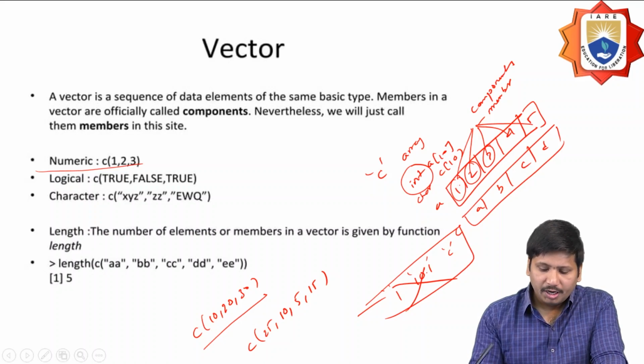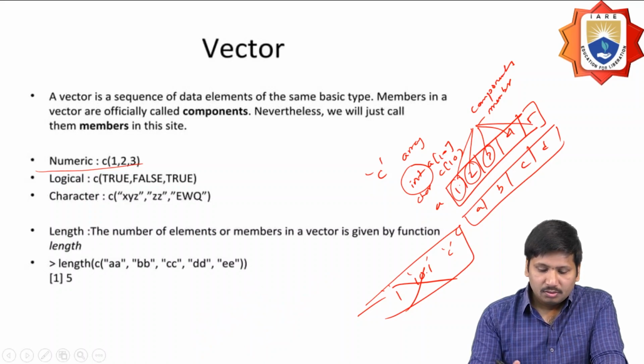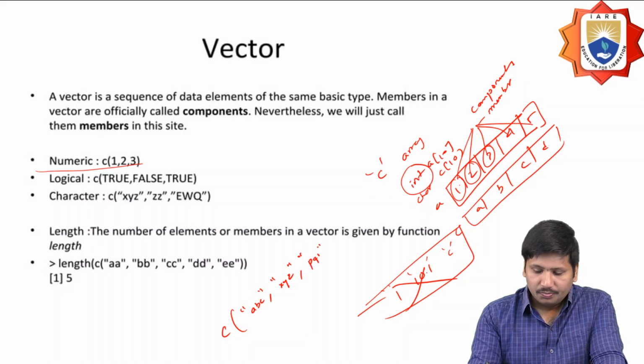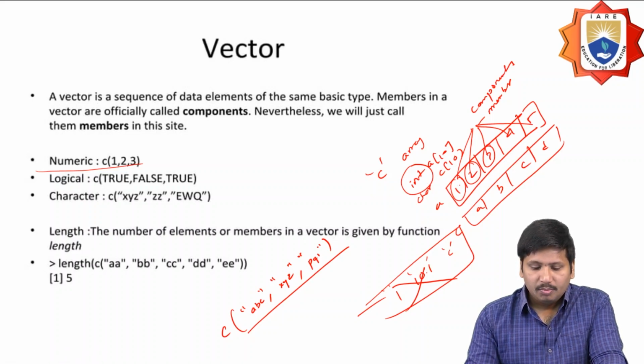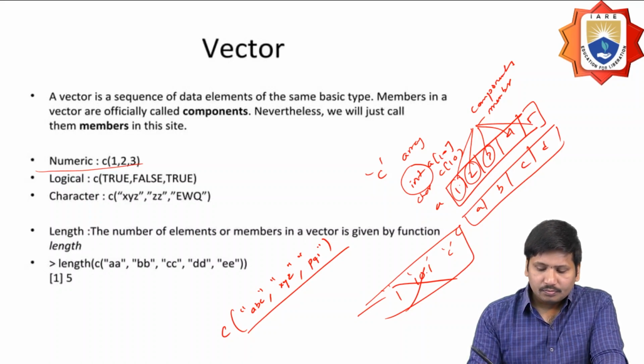Similarly, if I want to create a character vector, c of, I write ABC, XYZ, and EQR. This is the character vector that we call it in R programming.